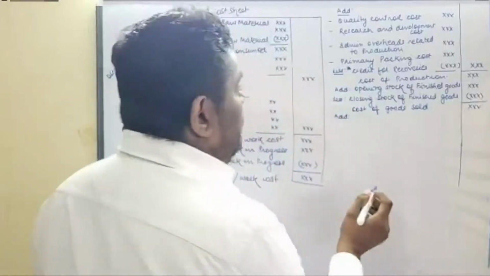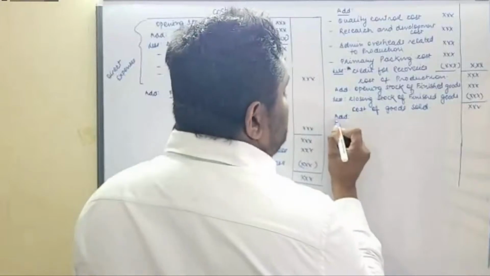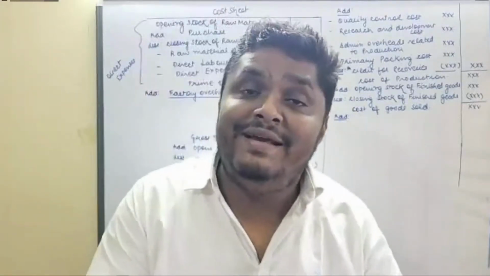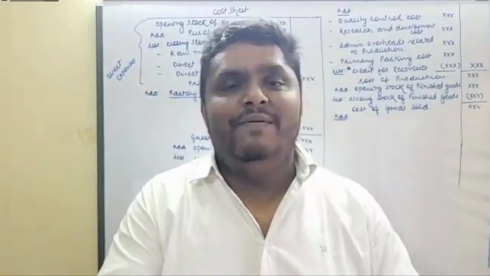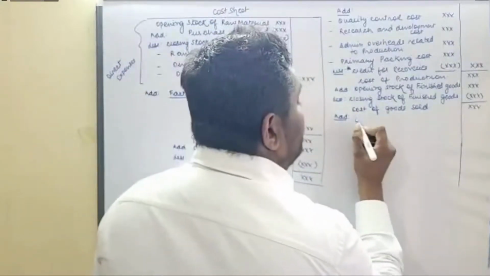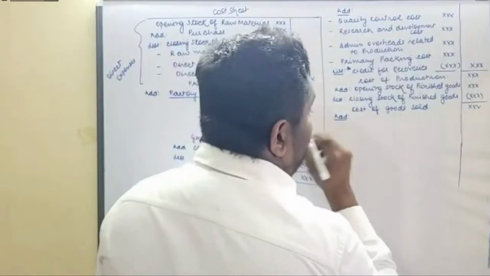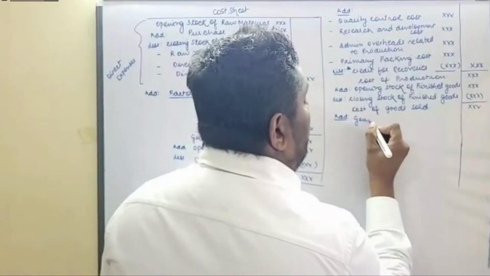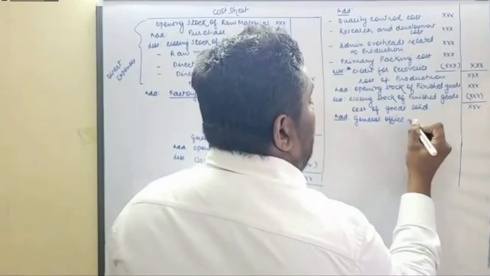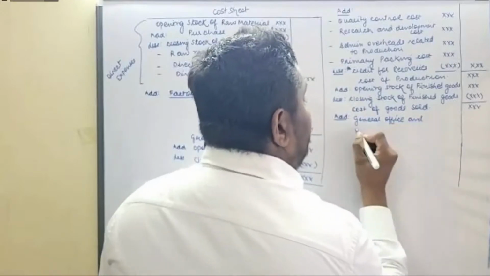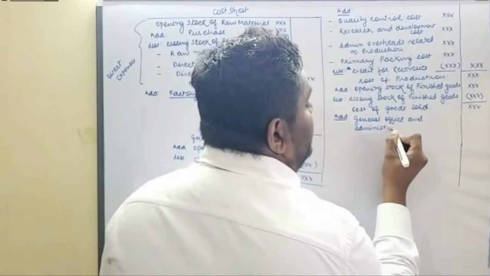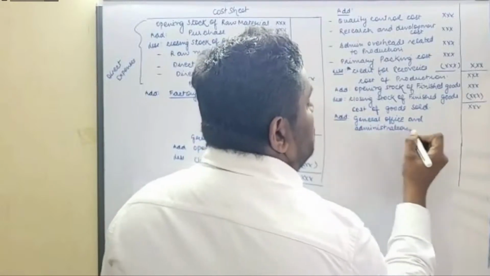So now, after calculating the cost of goods sold, we will add the overheads that are incurred at office level, selling level, and distribution level. So we will add general office and administration cost.